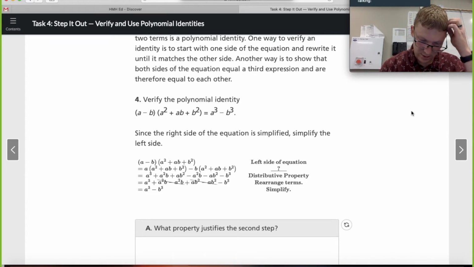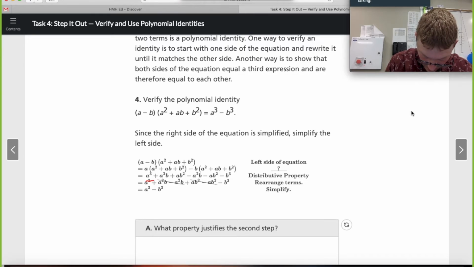So we first use the distributive property, or a glorified version of foiling. So we would take our a times all of these things, our negative b times all of these things, and we would get something that looks like this: a times a squared plus ab plus b squared minus b times the same thing. So then we distribute that all out.